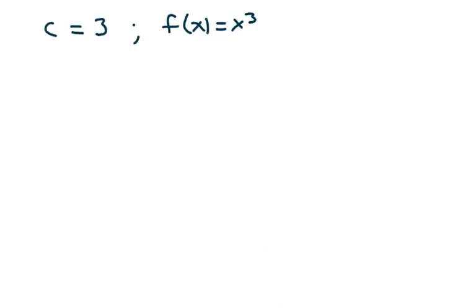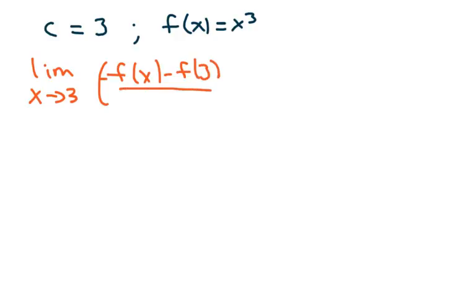The next one, the same thing, we're just doing a lot of problems. We're going to take the limit as x approaches c, which in this case is 3, of f of x minus f of 3 over x minus 3, which equals x cubed. Now we're going to cube the 3, and that's going to be 27 over x minus 3.